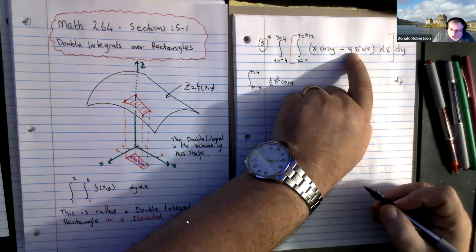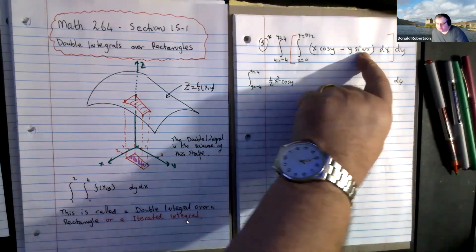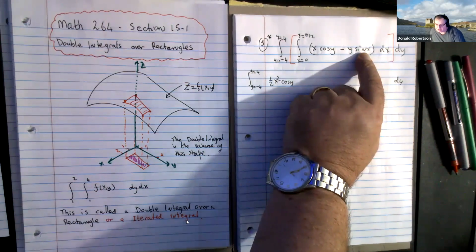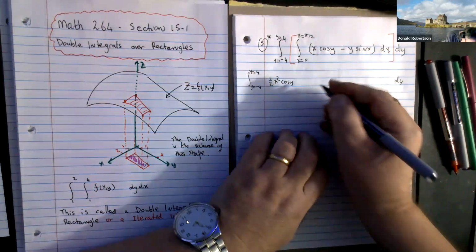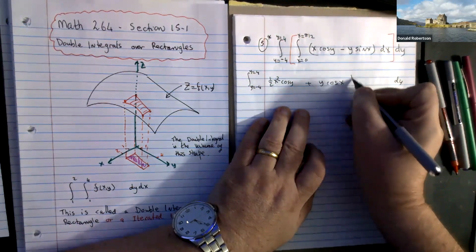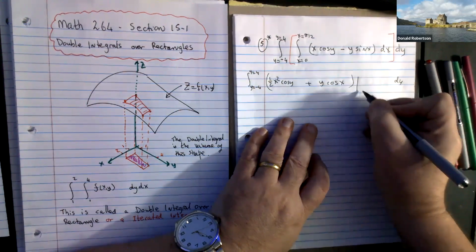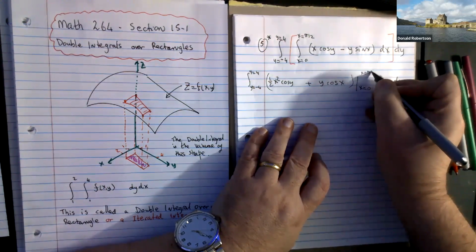And if you do y sine x and you integrate it, integrating the sine is negative a cosine. The two negatives cancel out, and you're now left with plus y cosine x. And you're going to evaluate it from 0 to pi upon 2.